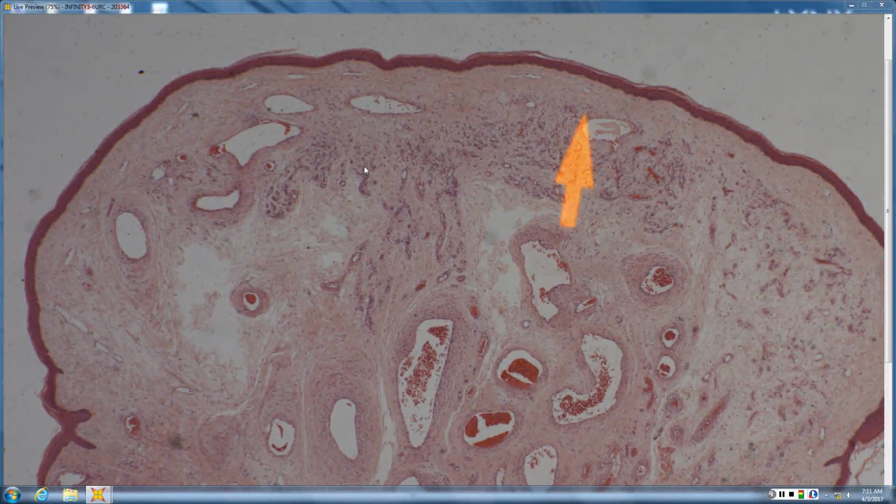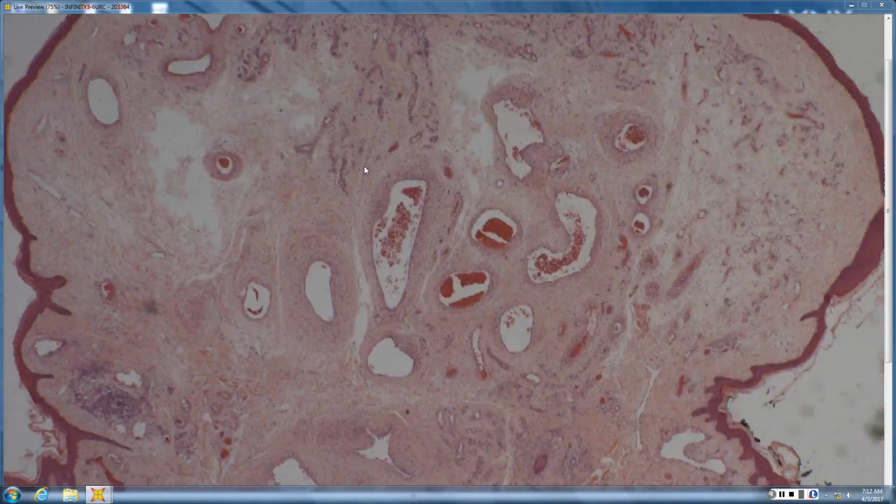But when it comes to calling something an AVM, ideally you really want to see a mixture of sizes of vessels. So you want to see these larger, thick-walled vessels mixed in or malformed with all these tiny little capillary-sized vessels, and that's really what makes it a true AVM, versus just some other run-of-the-mill hemangioma.